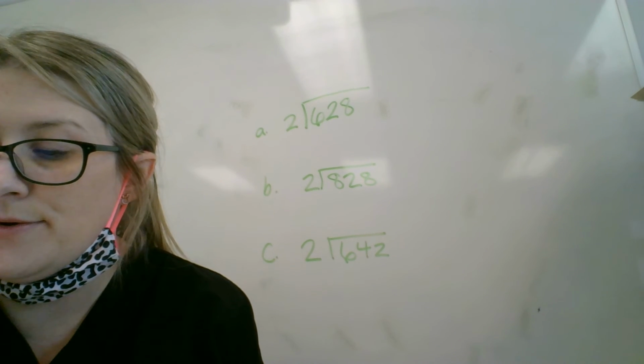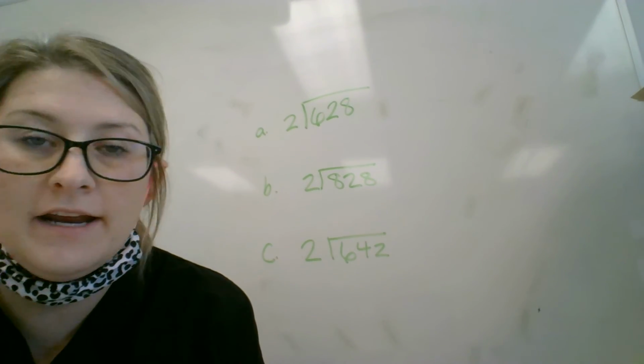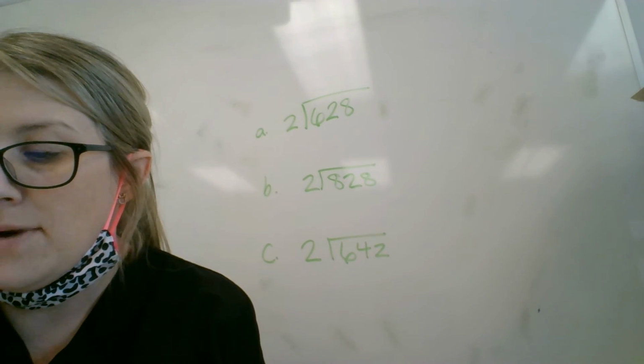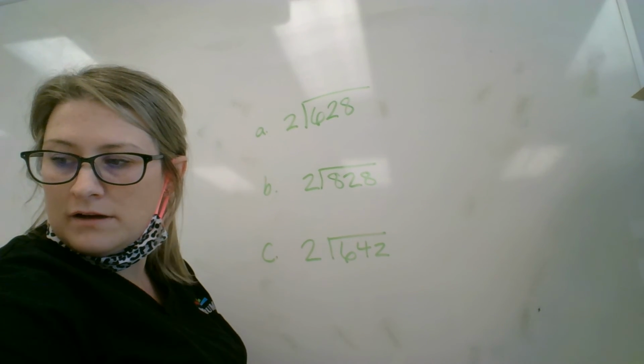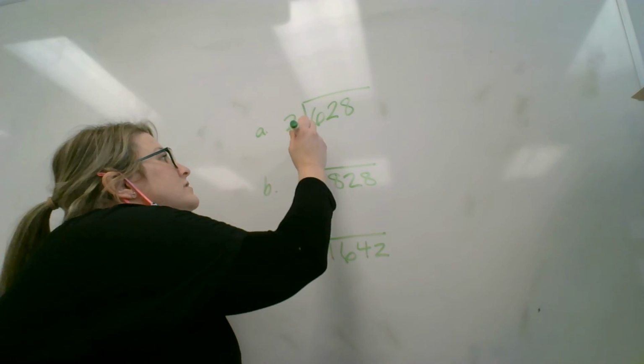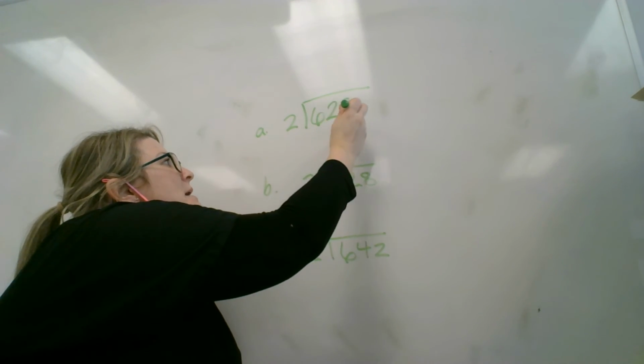846 divided by 2. Here's how you work the problem. You divide each digit of 846 by 2. Oh, well, we'll just go ahead and start here. So we're going to divide each digit of 628 by 2.